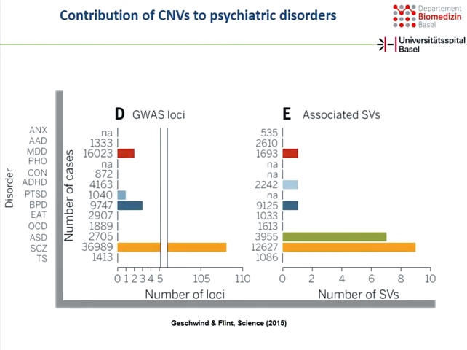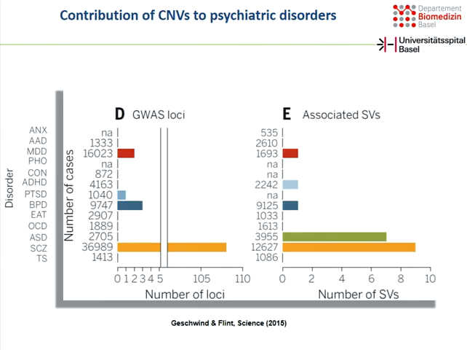Now, what is the contribution of CNVs if we look at these different psychiatric disorders? I have to say we have good evidence that CNVs or structural variation contributes to schizophrenia and autism spectrum disorder, but not that much evidence for other neuropsychiatric diseases. That also has to do with the fact that the sample sizes that can be investigated are particularly large for schizophrenia and autism spectrum disorder.